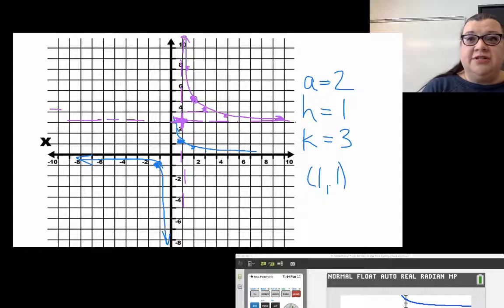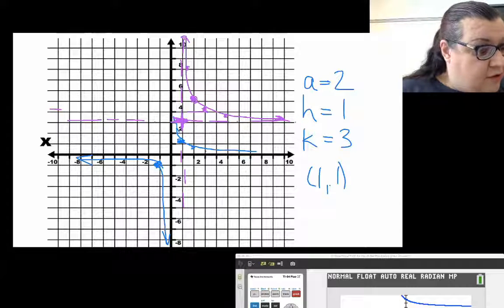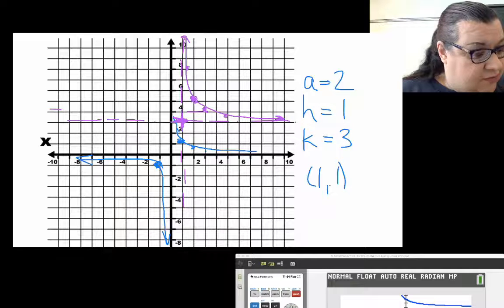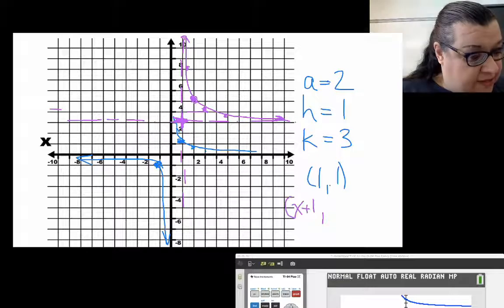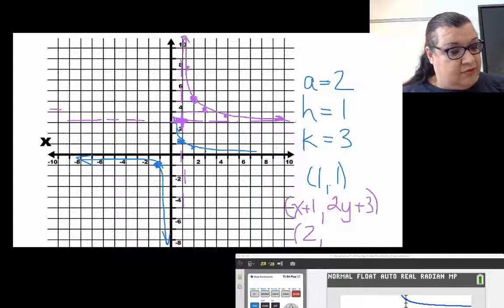Again, of course, you can do that as a mapping notation, right? So our mapping notation would be that to x we're going to add 1, and to y we're going to multiply by 2 and add 3. So the point 1, 1 would become the point 2, 5, because 1 plus 1 is 2, and 2 times 1 plus 3 is 5.